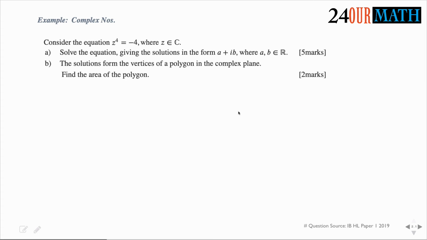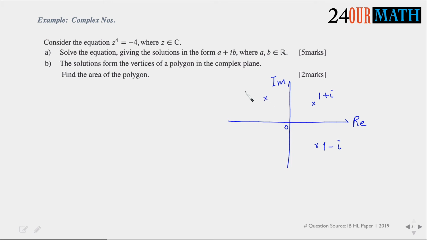Now, let's draw the complex plane. The horizontal line is the real part, and the vertical one, as you know, should be the imaginary part. Now the 4 roots are 1 plus i and then 1 minus i.